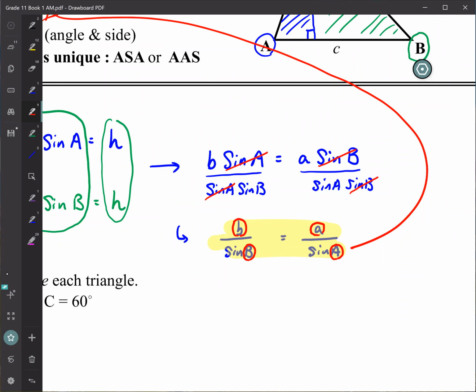And then you are either asked to find the missing side, or you are asked to find the missing angle, okay? So to use this formula, you must have at least 1 pair. You must have either side A and angle A. A pair is given. It cannot be missing too many, okay? Then you can use the formula.